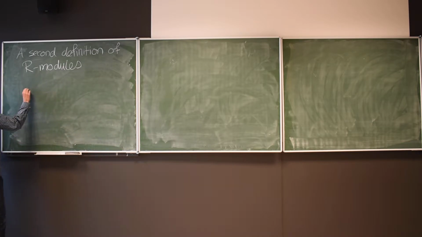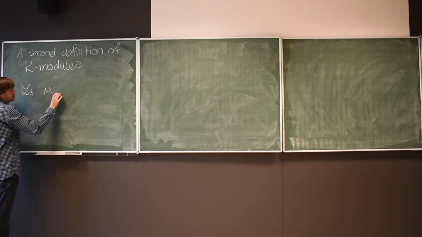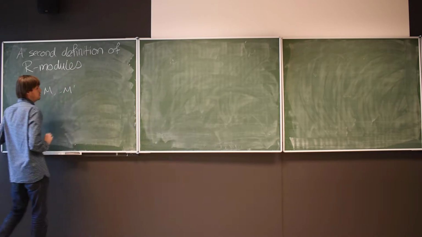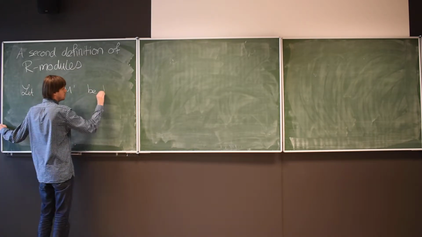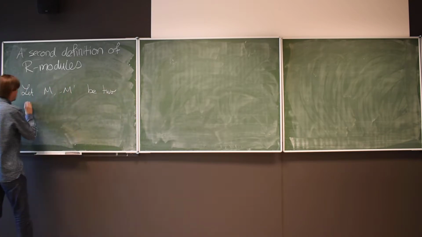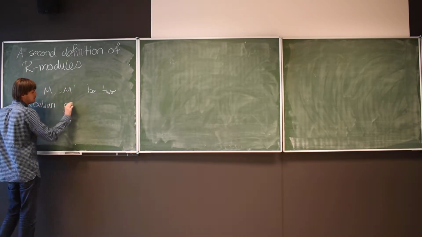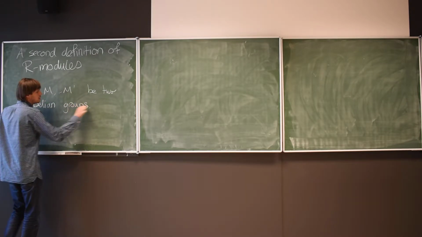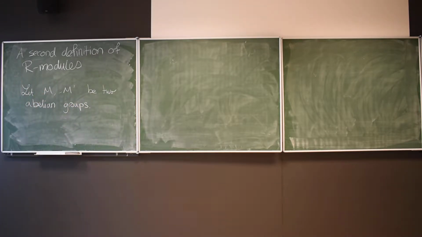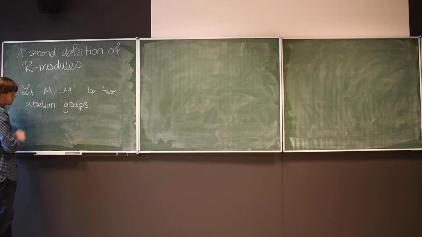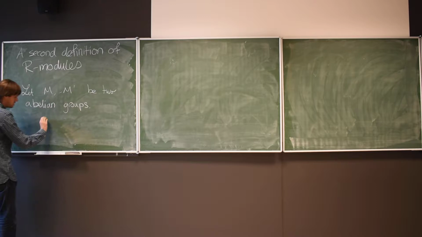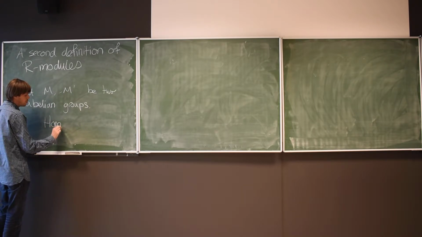So let M and M prime be two abelian groups. In the lecture of Stefan, we have seen an introduction to category theory. So he introduced these sets of morphisms.